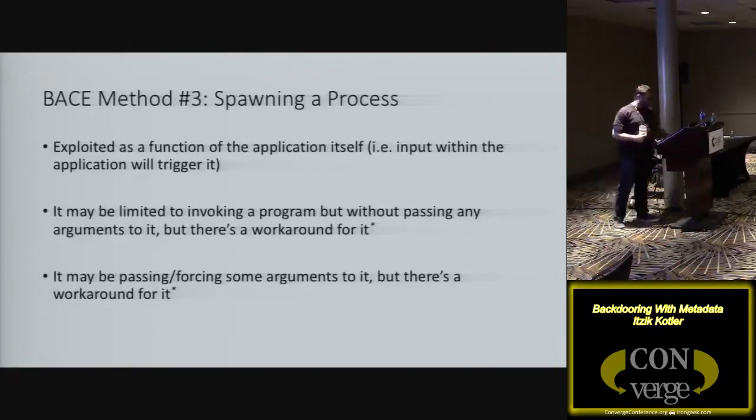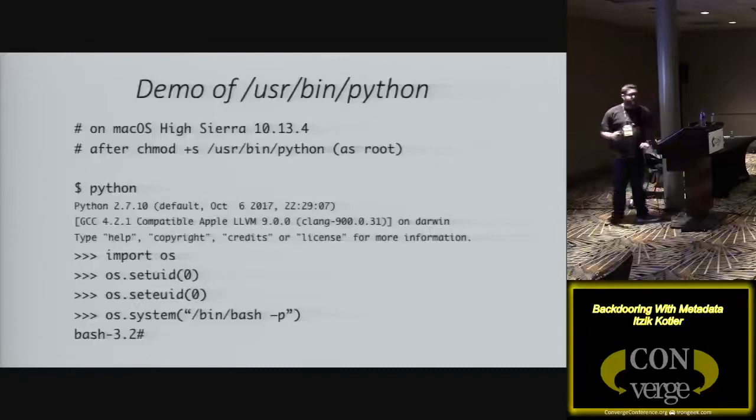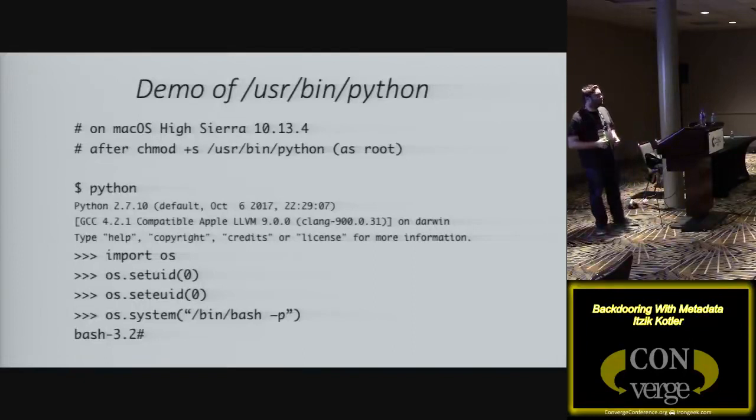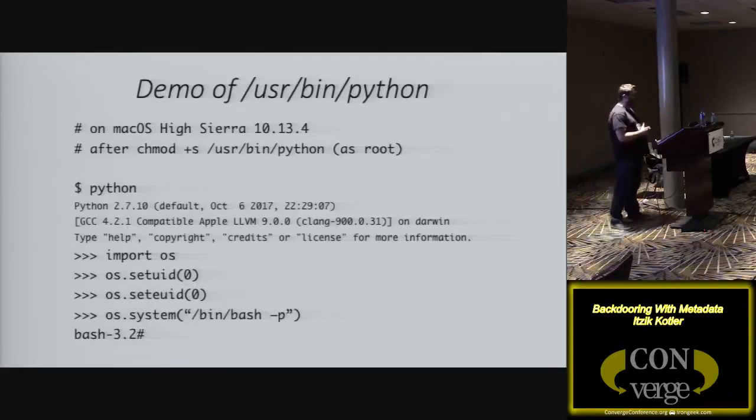But the idea here is that, for instance, if we take Python, and there is nothing special about Python, we have found that to be in other programs as well, if you add the setuid, the sticky bit to Python, then you can simply write a simple program within the Python interactive console that would end up creating a root shell.